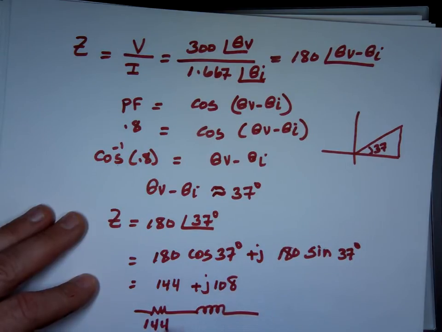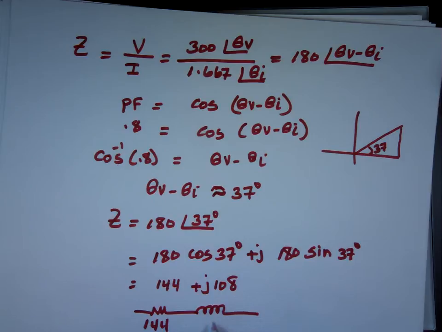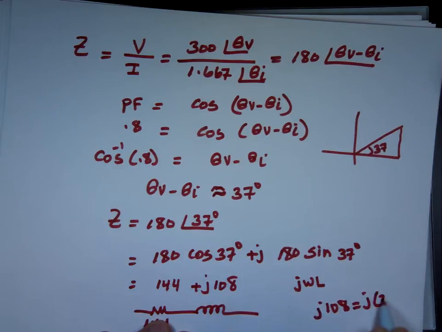If I know what the frequency is, because remember this value is equal to j omega L, right? If it's 60 hertz in the US, then omega is 377. So if I want to find the value of L, j108 equals j377L.